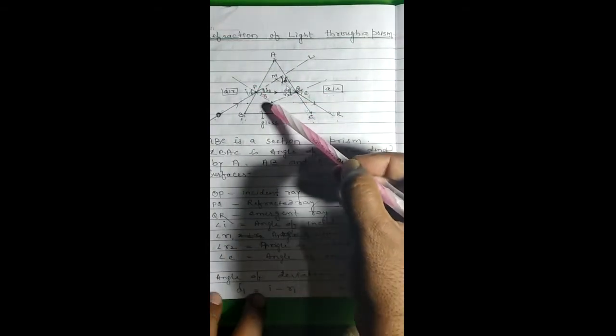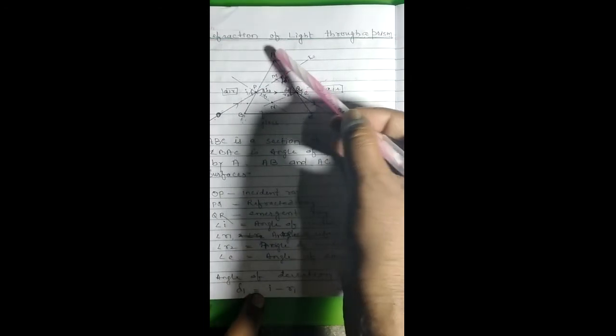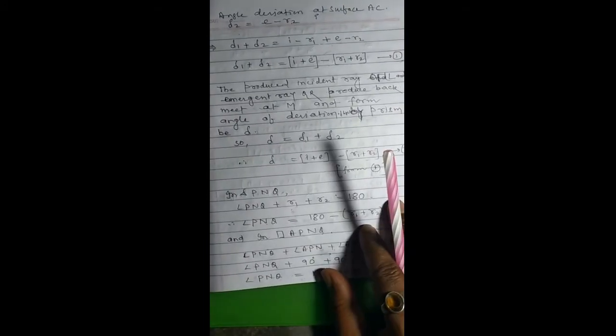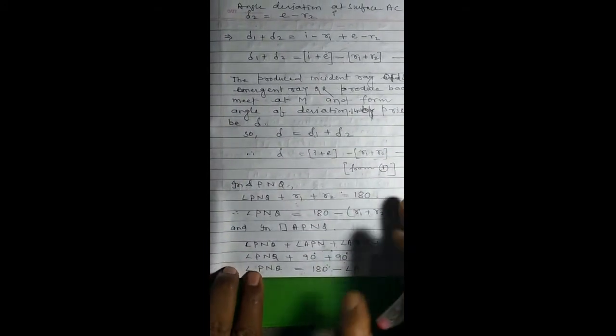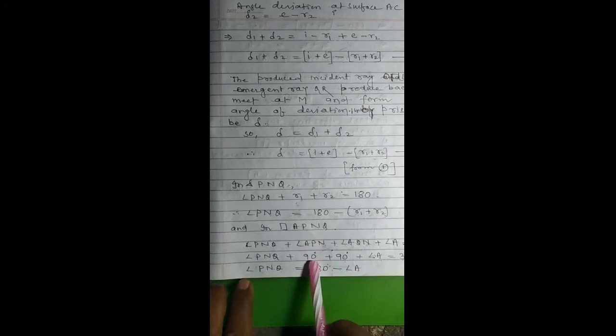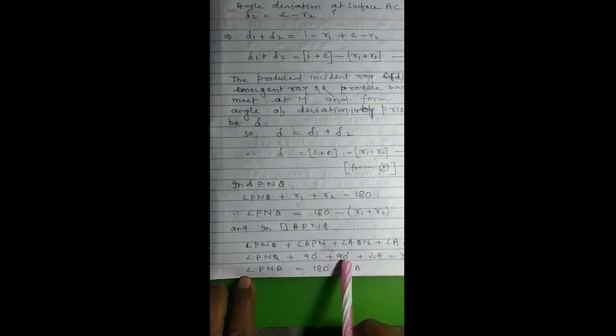So angle PNQ plus angle APN plus angle AQN plus angle A is equal to 360 degree. 90 plus 90 is 180. 180 is subtracted from 360.